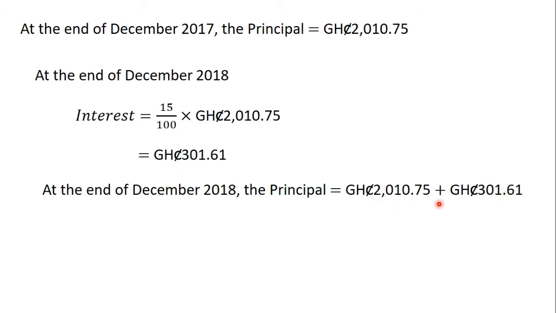You add these two and you have 2,312 Ghana cedis, 36 pesewas. This means that at the end of the third year, or at the end of December 2018, the amount of money in his account was 2,312 Ghana cedis, 36 pesewas. Let's move on to the last year.